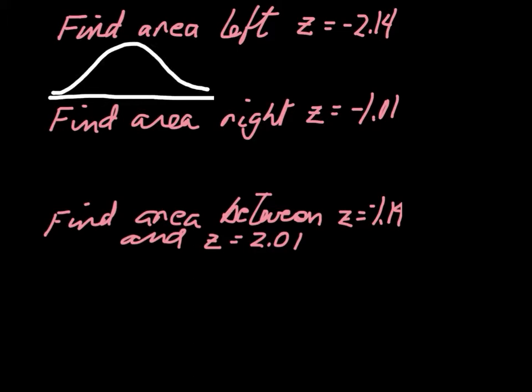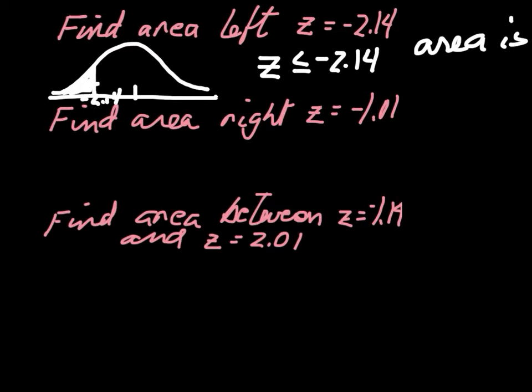I'm going to draw a picture of the situation. Negative 2.14 is there, and that means z is less than or equal to negative 2.14.